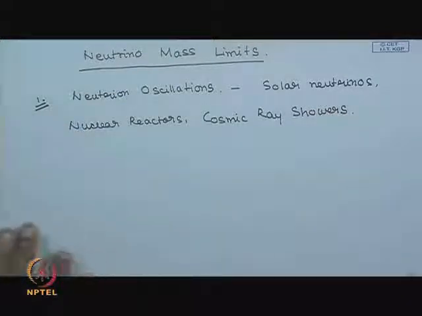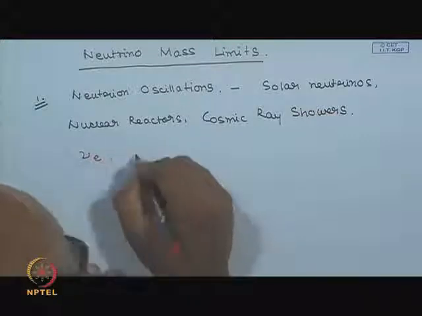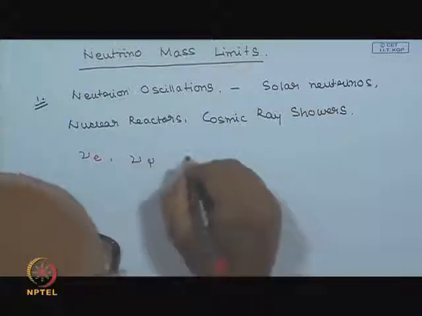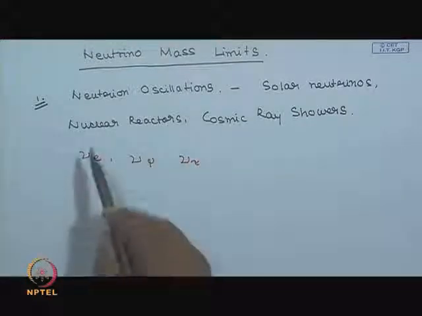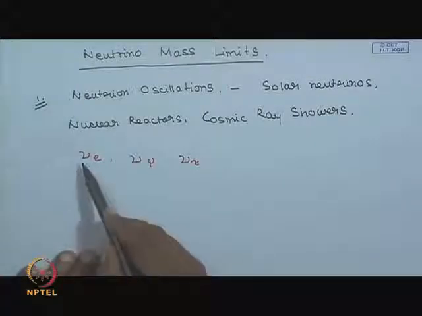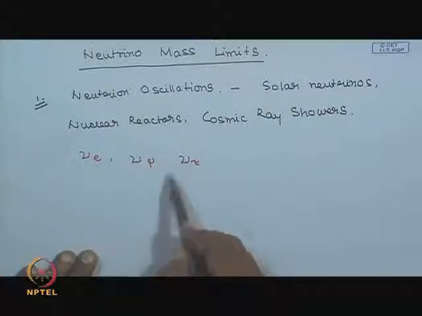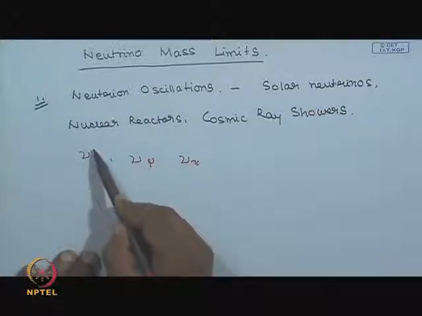So what are these neutrino oscillations? I have told you that there are three different flavors of neutrinos: the electron neutrino, the mu neutrino and the tau neutrino. What happens in neutrino oscillations is that as the neutrinos propagate, if you start off with electron neutrinos, it will slowly become mu neutrino and maybe tau neutrino, and then again come back to electron neutrino.